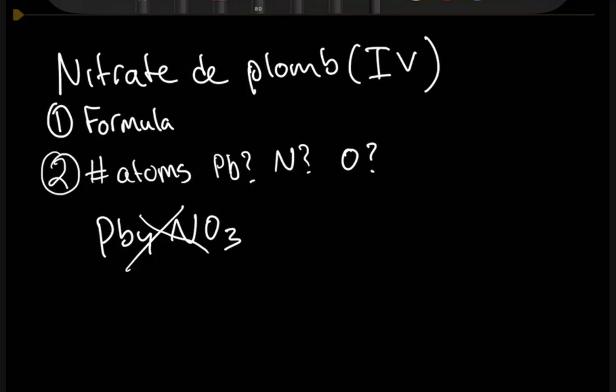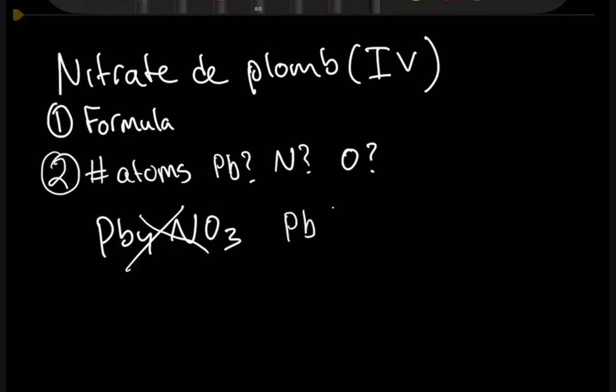So I got Pb 4 in brackets, and then 3 on the outside, and then nitrate, and then 4. Okay, so this is what you have right now.